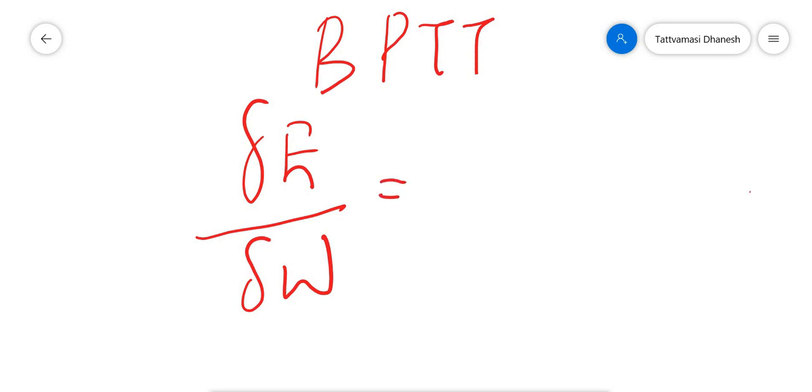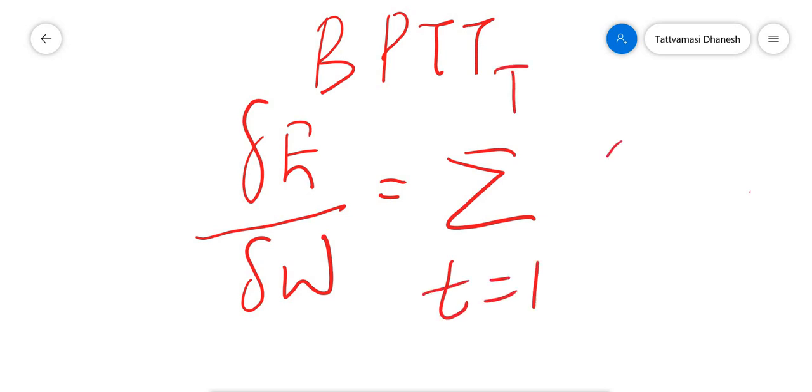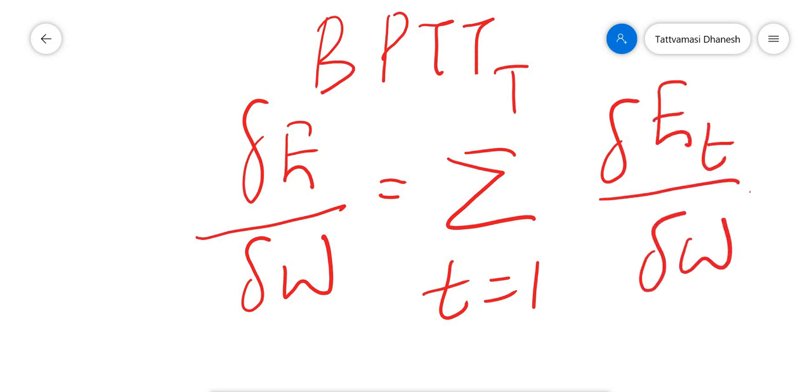Here, one important point is the historical data, the previous data, that is time span. So the equation is sigma t equal to 1 to capital T dou Et divided by dou W. This is the mathematical equation for dou E by dou W.